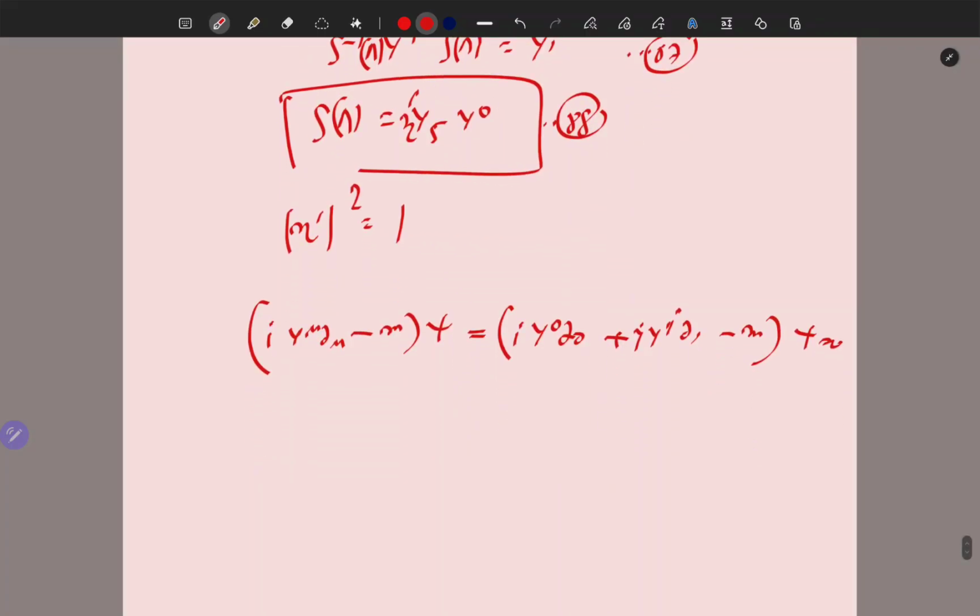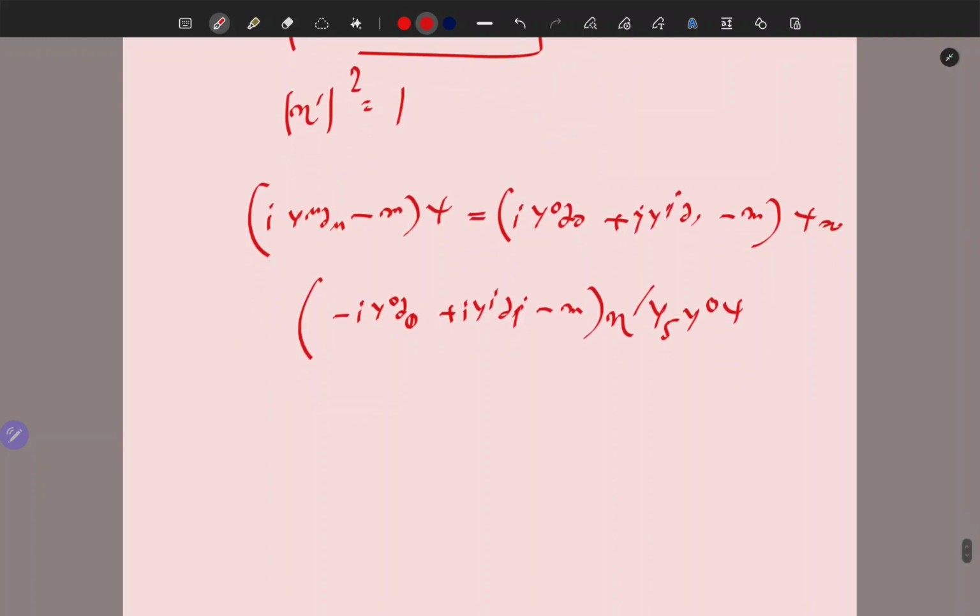Under time reversal, this becomes (−i γ^0 ∂_0 + i γ^i ∂_i − m) η' γ^5 γ^0 ψ. Using the anticommutation relation of the gamma matrices, this becomes η' γ^5 γ^0 (i γ^0 ∂_0 + i γ^i ∂_i − m)ψ, which is satisfied to be 0.